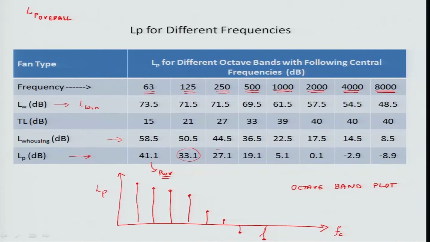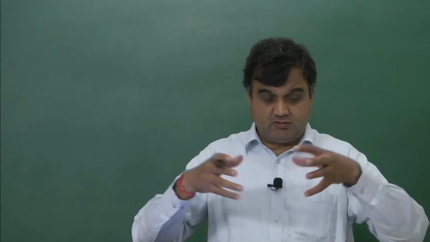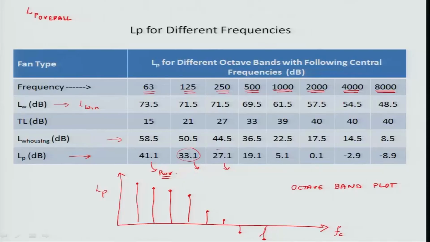We find out what is the power corresponding to this, and this, and this, and then when the ear hears them, it will hear a sum of all the powers. So we add up power 1, power 2, power 3, and then we take 10 log of the sum of powers. That will give us LP overall.